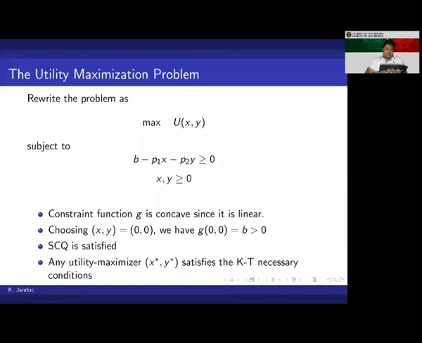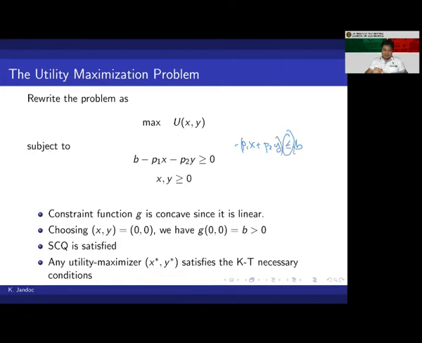Now here we're just rewriting the problem, because in the previous slide we had P1x plus P2y less than or equal to B. So this is a less than or equal sign. We need to write it in the standard form where we have a greater than or equal to sign. So we'll just multiply both sides by -1.